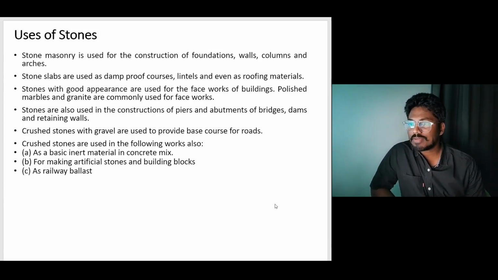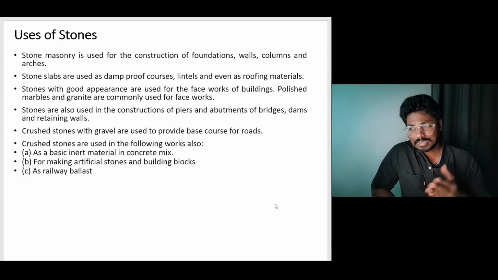Crushed stones with gravel are used to provide base course for roads. Yes, this is a more recent application, though not too recent, where you use crushed stone as a base course material. For instance, in railways, 40 mm stone aggregate is used as ballast.